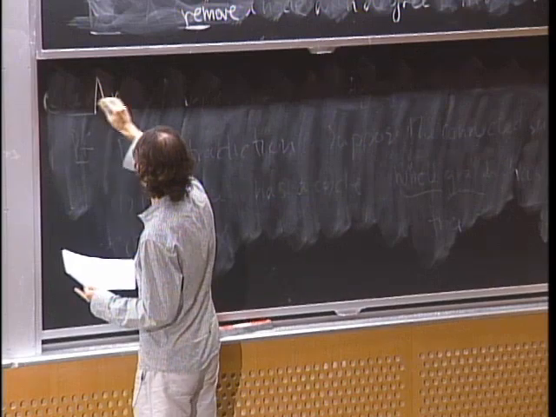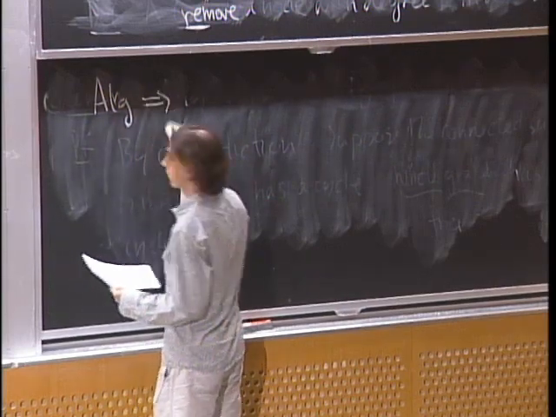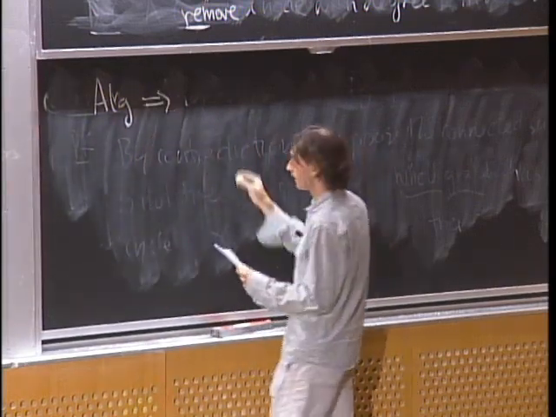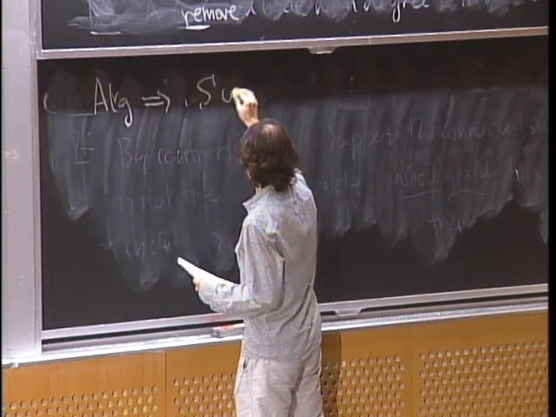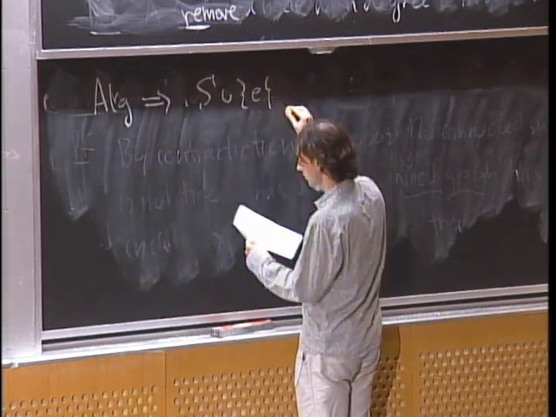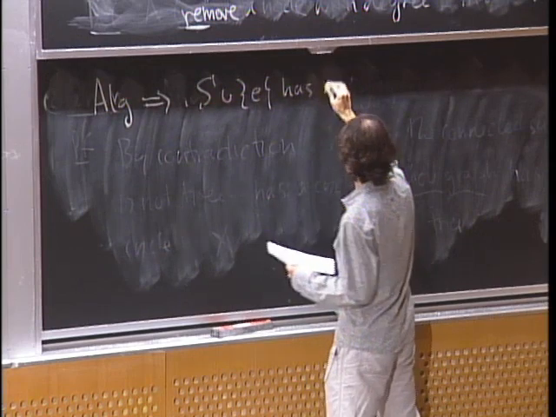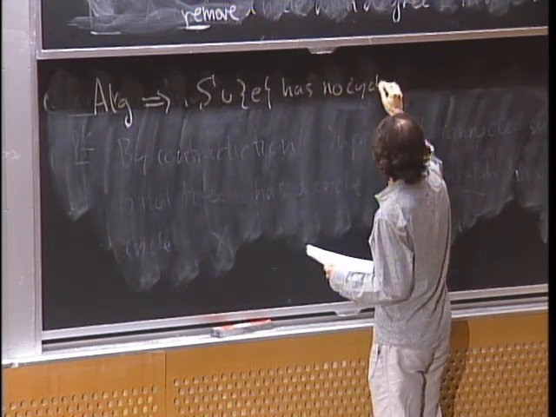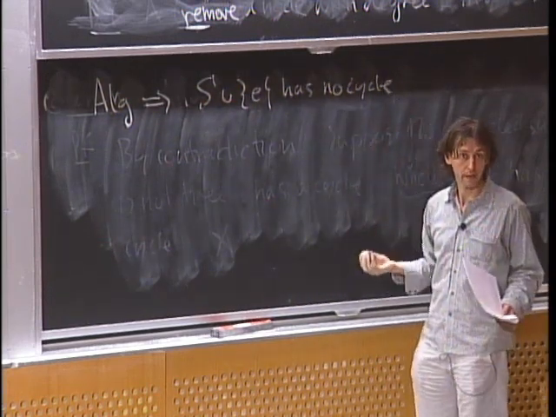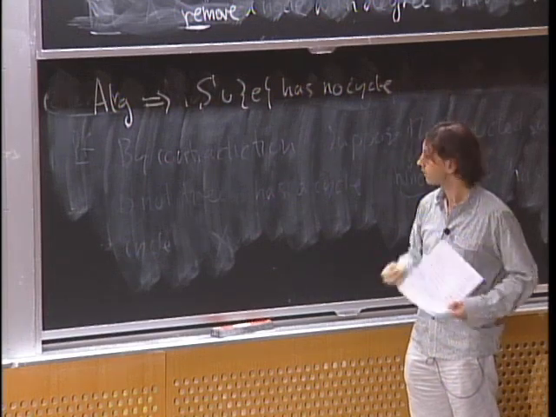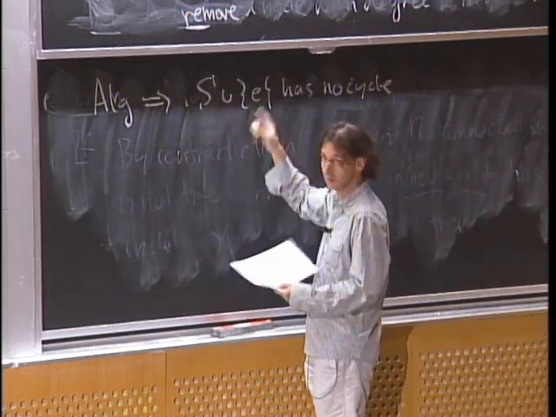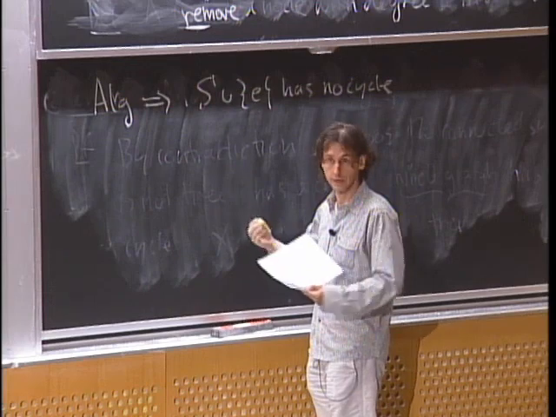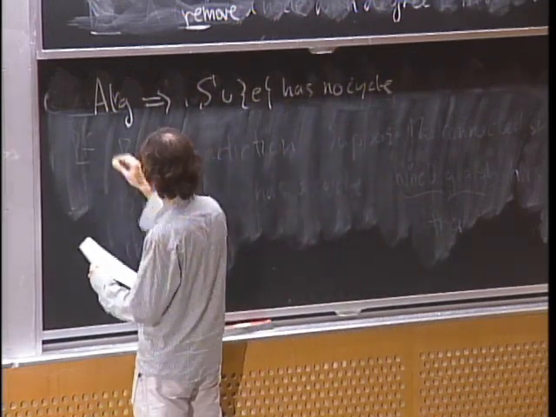So first of all, we know that the algorithm, from its definition, implies that S together with E actually has no cycle. That's how we select the m plus 1th edge. All the selected edges together should not contain a cycle. That's the definition of the algorithm.